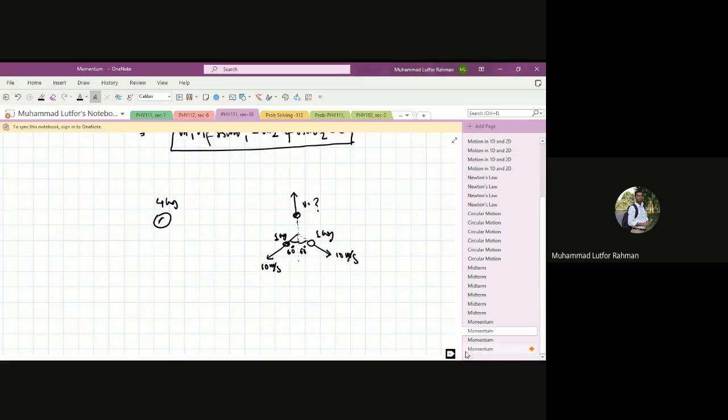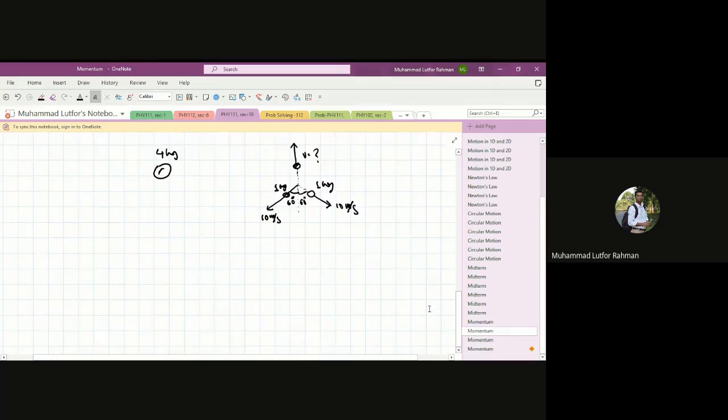You understand the problem? I have a bombshell which explodes. After the explosion, it has 3 fragments moving in 3 different directions. Among the 3, they give me information about 2. Now I have to find the speed of the third one.